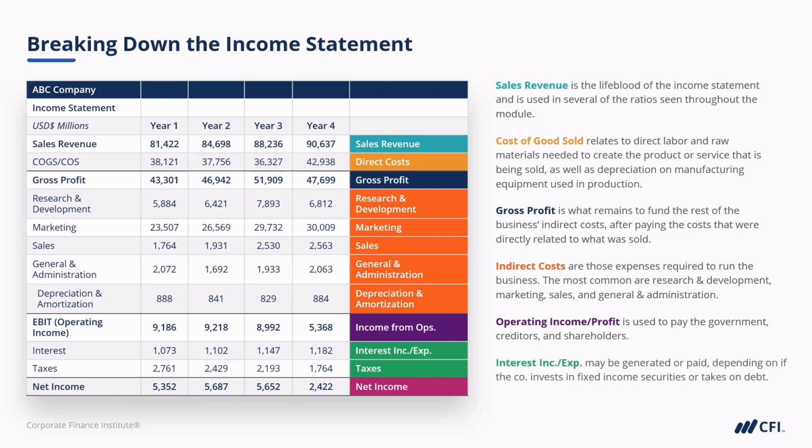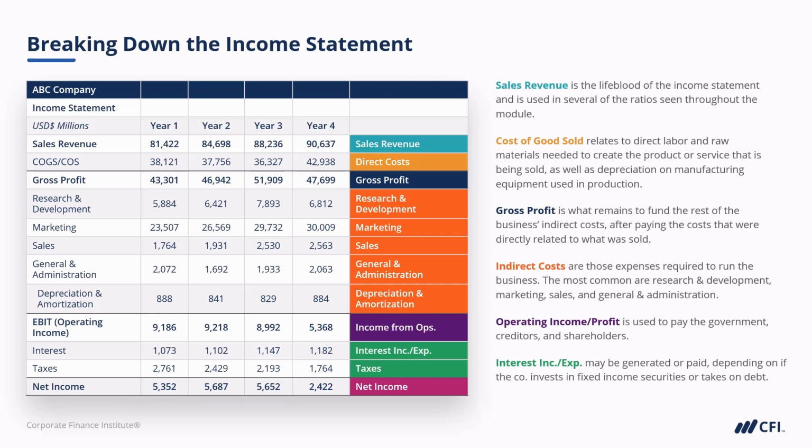Below operating profit, the interest line represents both interest income that's earned and interest expense that's paid. A company may be a generator of interest income if it invests excess cash in fixed income products that pay interest, like a term deposit, for example.